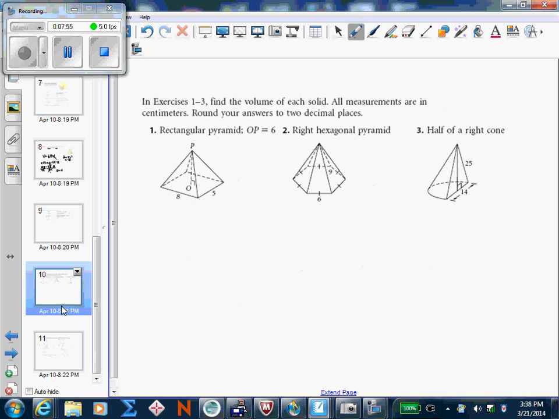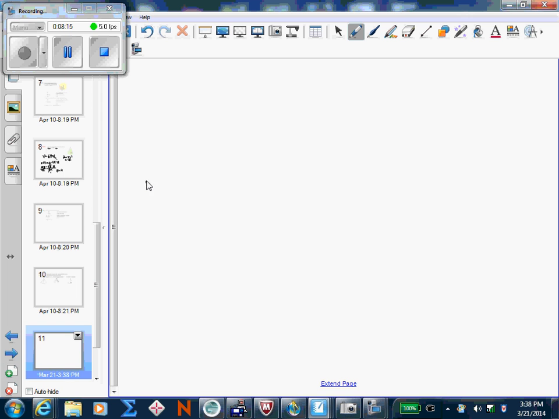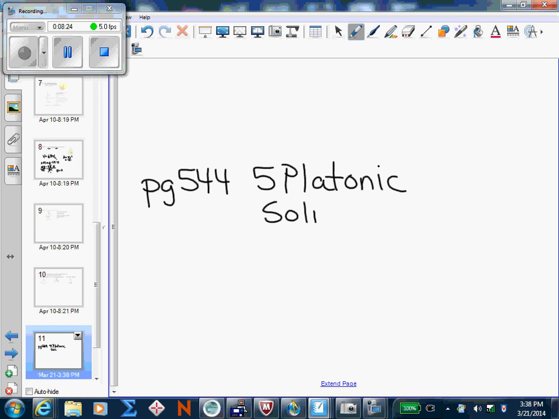One other thing I'd like to mention are the 5 platonic solids. If you will look in your books on page 544, it describes the 5 platonic solids.